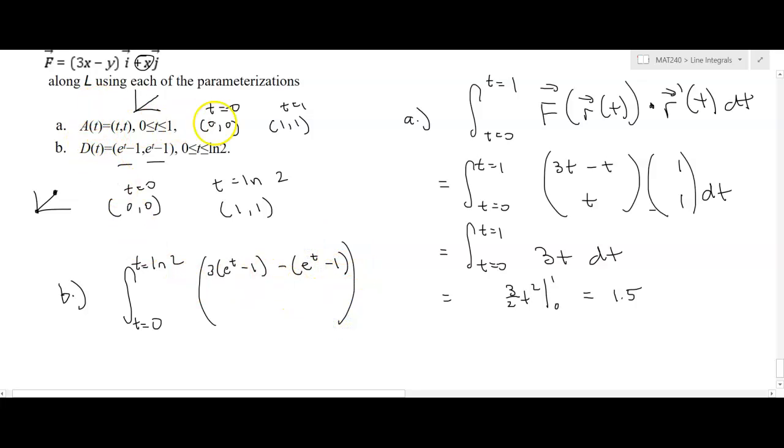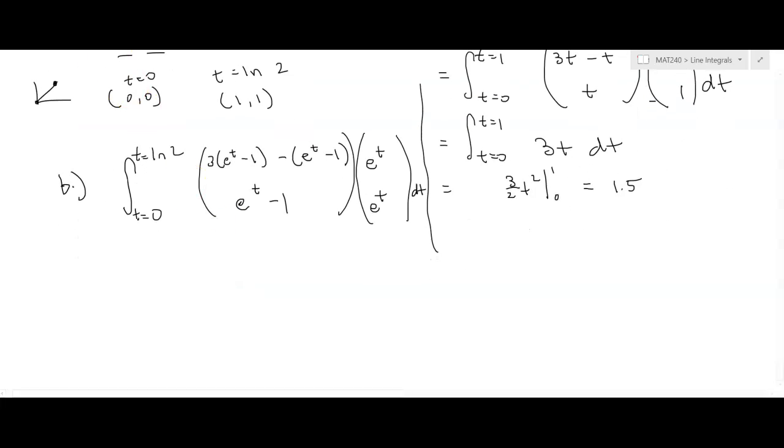And now for the y component of our vector field, that's just equal to the x function, which is e to the t minus 1. And then the derivative of my position vector is (e to the t minus 1, e to the t minus 1), and the derivative of e to the t minus 1 is just e to the t dt.